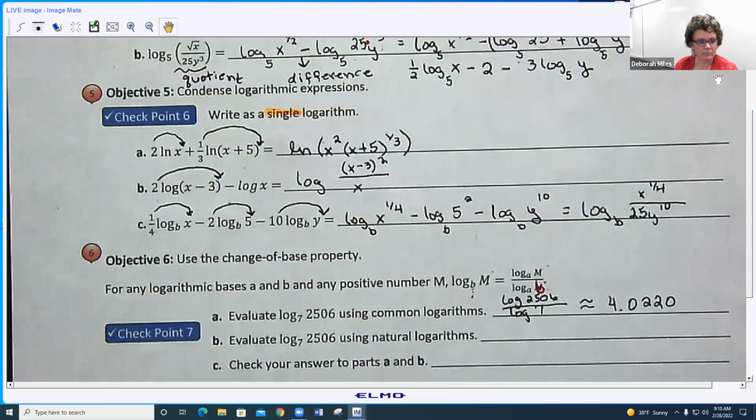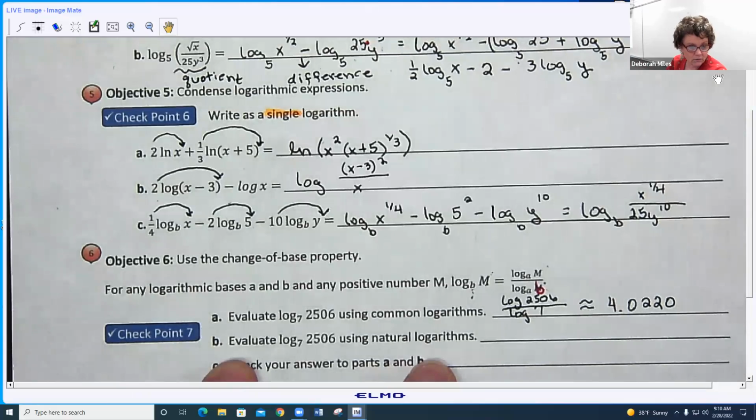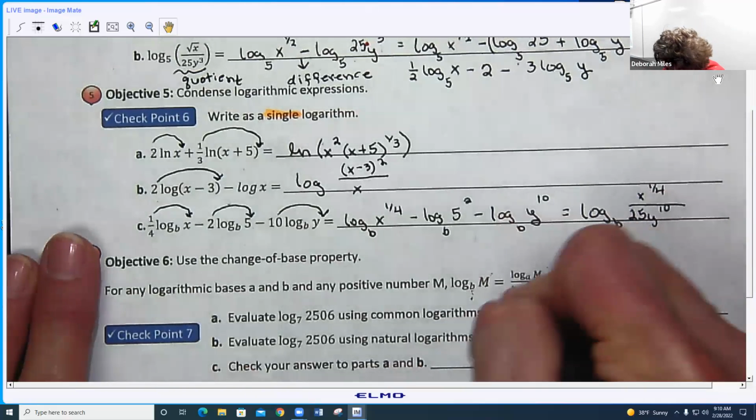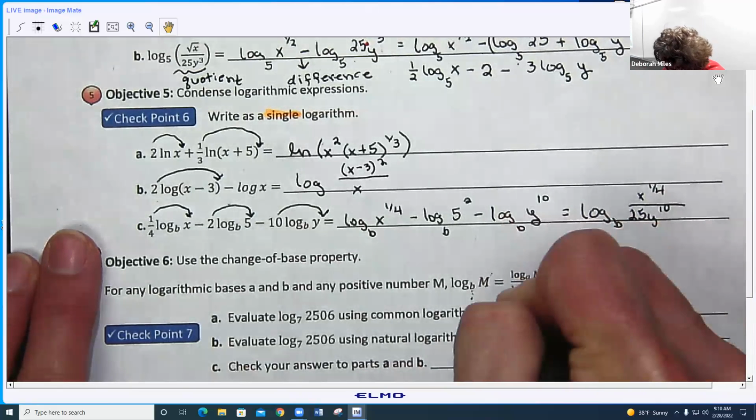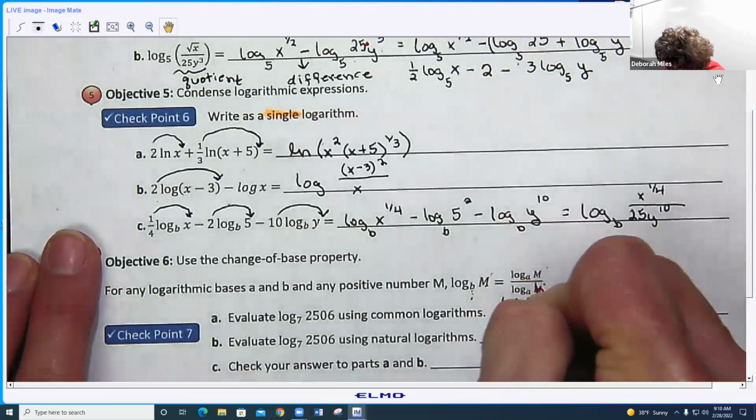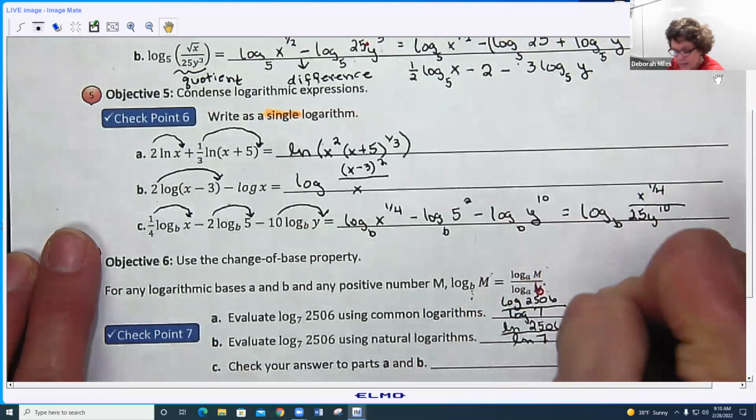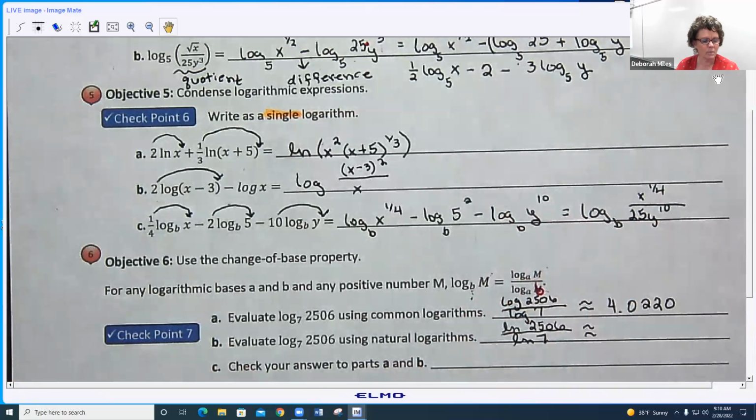All right. Let's show that you get the same answer if you use natural logs. Enter natural log of 2,506 divided by natural log of 7 and see if you get the same thing.